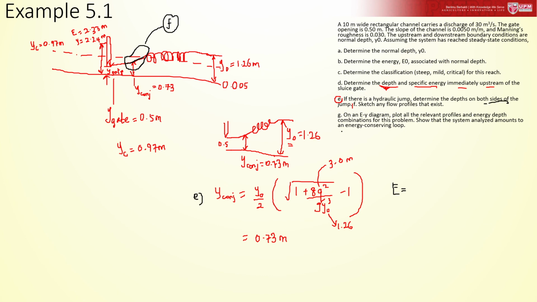Sorry, so let's move on to question F. Sketch any flow profile that exists. Like I said just now, this is the profile that we want to know. If you want to know the profile, you must know YC, and you know that the y here is below y critical.